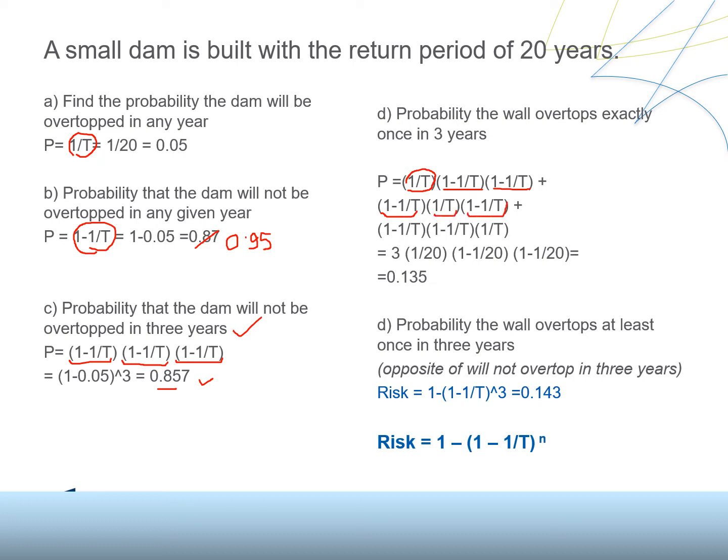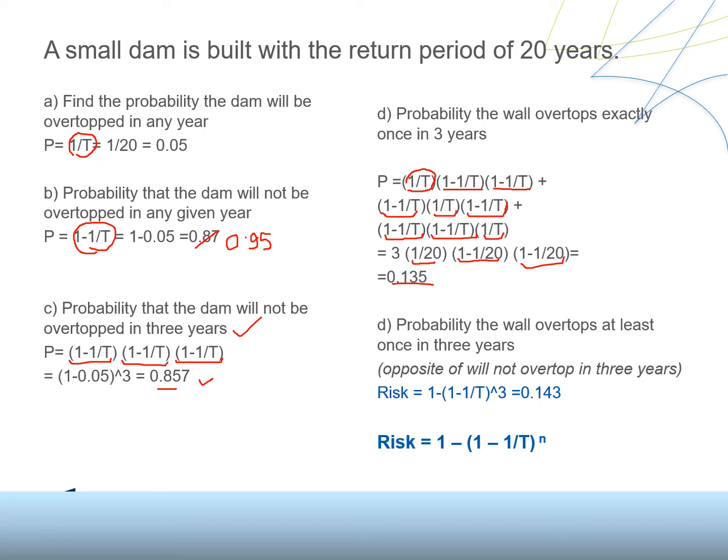The third one is first year it is not overtopped, second year also not, and the third year it overtops, right? So you add these three and then you get the total probability. So this is 3 times 1 over 20, times (1 minus 1 over 20) times (1 minus 1 over 20). You just substitute the values because both have 1 over T and 2 of 1 minus 1 over T. So 3 times this, and that is 0.135.